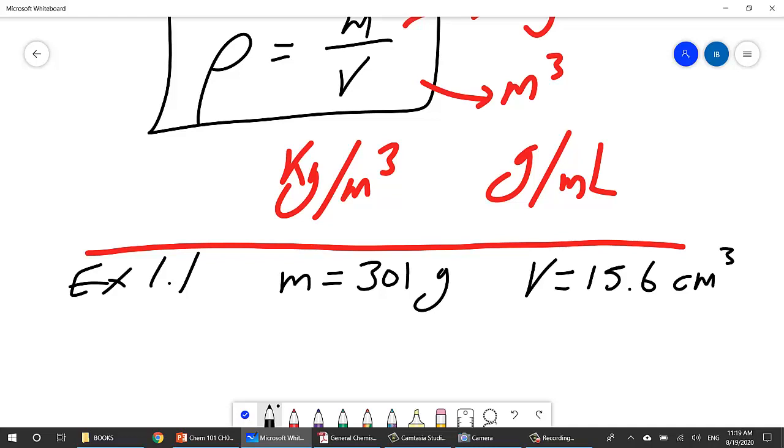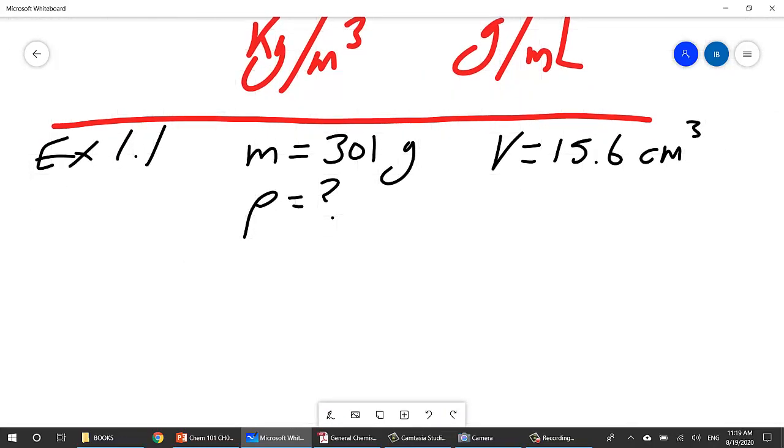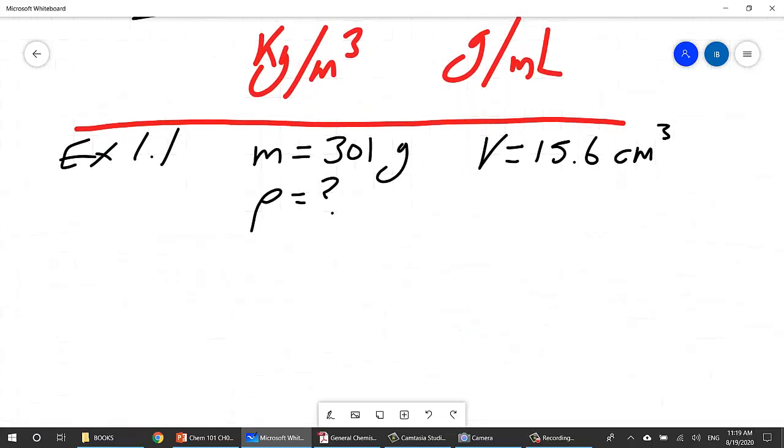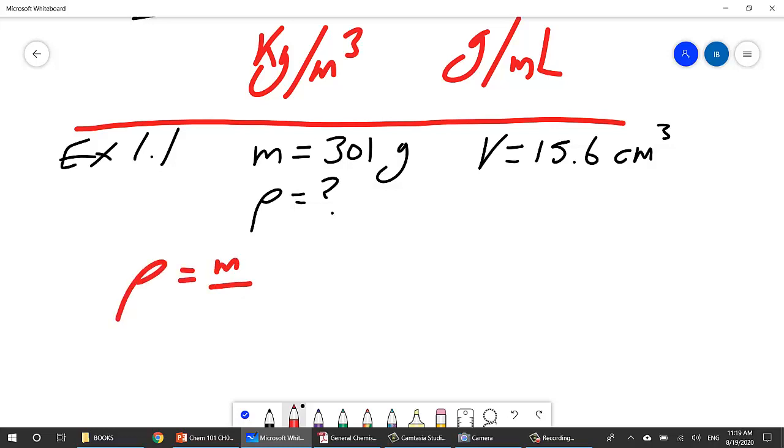And we need the density, or I will say rho. So here I'm organizing my solution, putting the data given, and also what is required in the question, and we proceed by saying rho is equal to mass over volume.